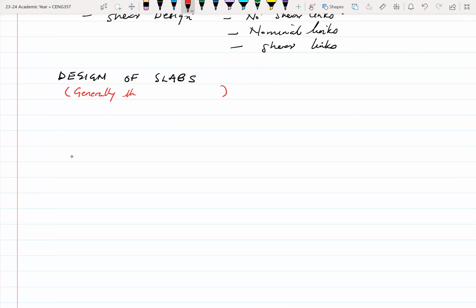Generally, the design of slabs is similar to beams. Okay, it's similar. So let me put the word similar into quotes. Right. At least let's have that in there so that everything will come full circle as we look at the process. So let's look at slabs. All right.